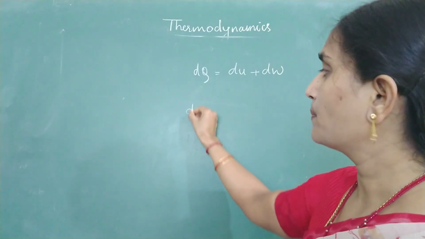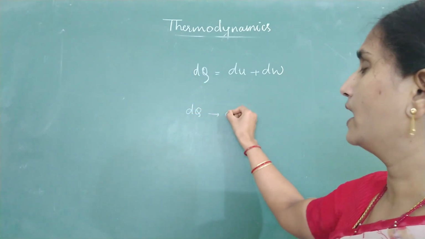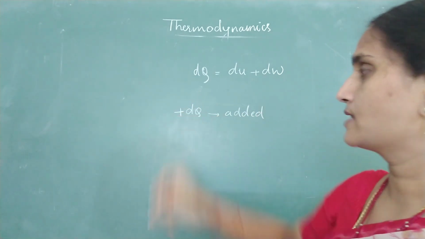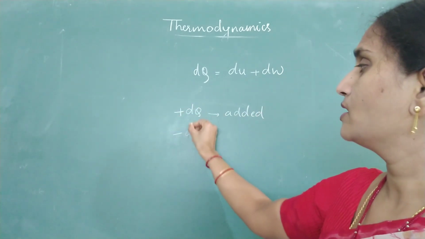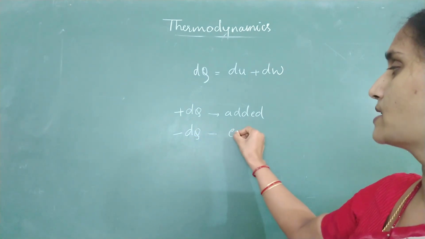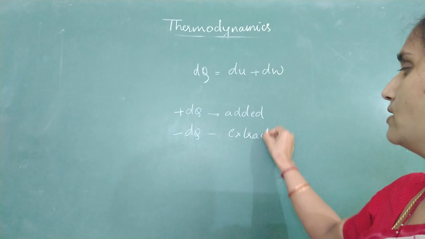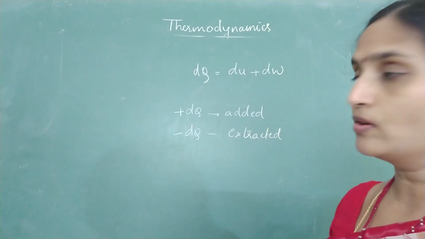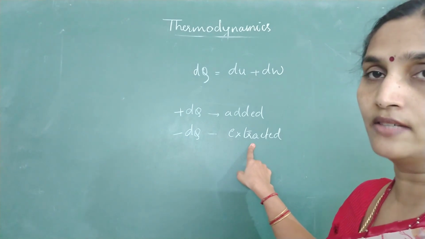If energy is added to the system, we take it as plus dQ, and minus dQ if it is extracted or released from the system. Energy given to the system is positive, energy released from the system is taken as negative.